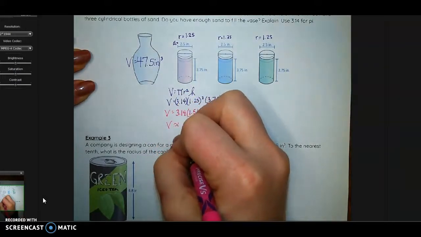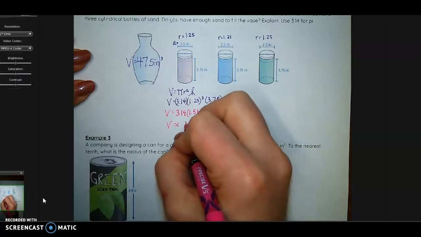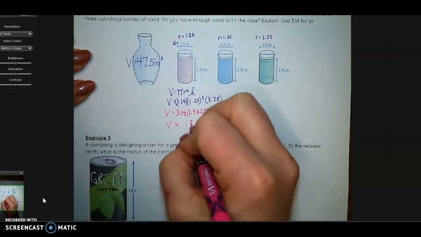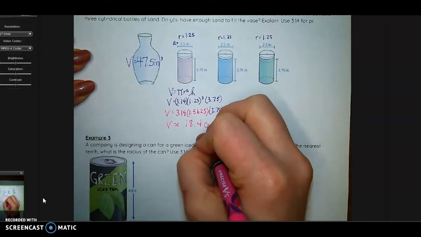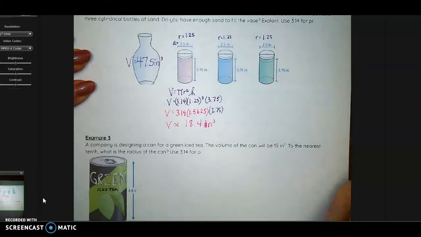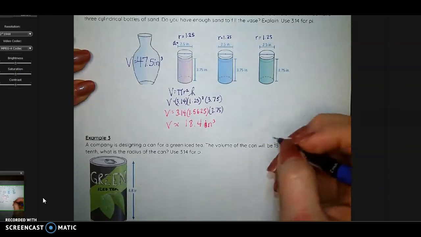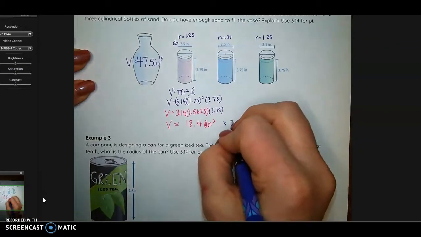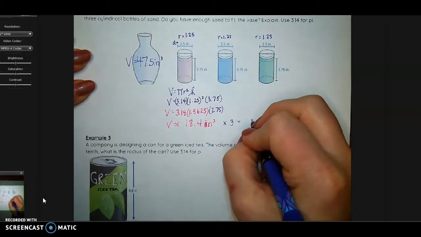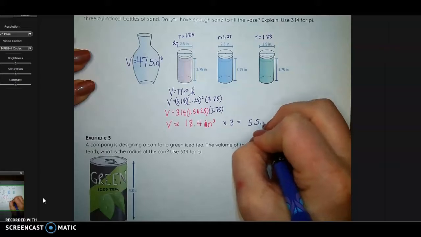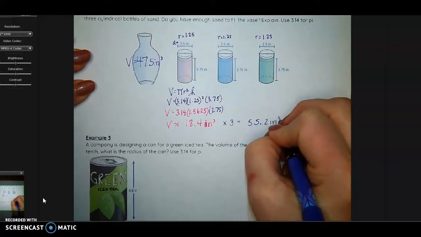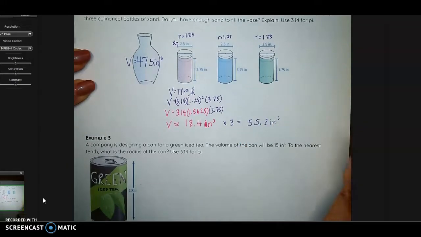When I multiply these three, and you can use a calculator, I'm going to get roughly 18 4/10, and this is going to be inches cubed. Now I have 3 of those, so I'm going to multiply that times 3. When I do that, I'm going to get 55 2/10 cubic inches of sand.